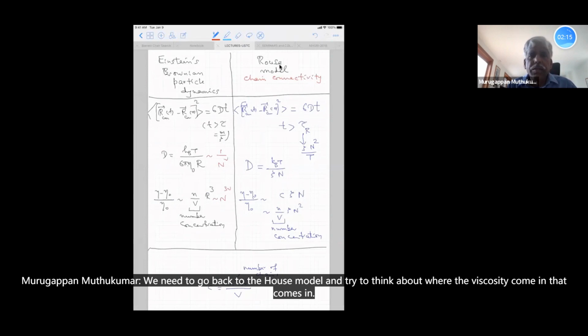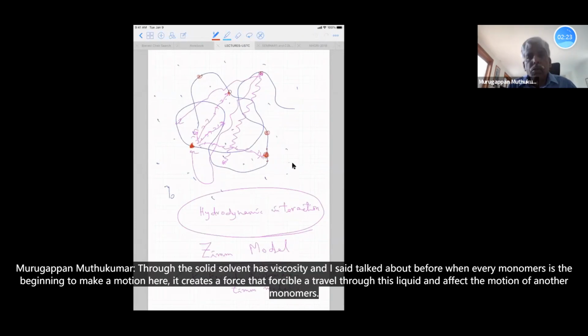Therefore, we need to go back to the Rouse model and think about where the viscosity comes in. That comes in through the solvent. Solvent has viscosity. And as I talked about before, when every monomer begins to make a motion, it creates a force. That force will travel through this liquid and affect the motion of another monomer.